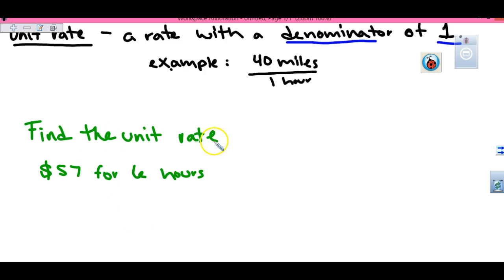If we have to find the unit rate of $57 for 6 hours, what we have to do is divide 57 by 6.